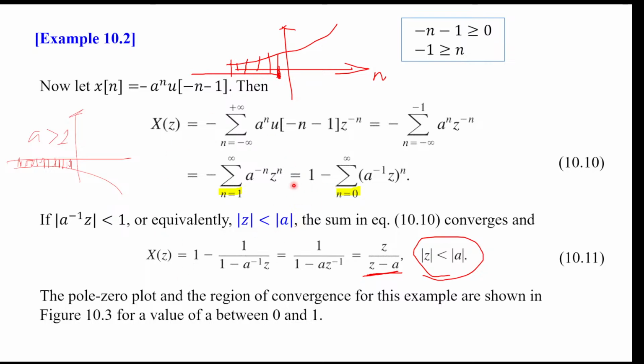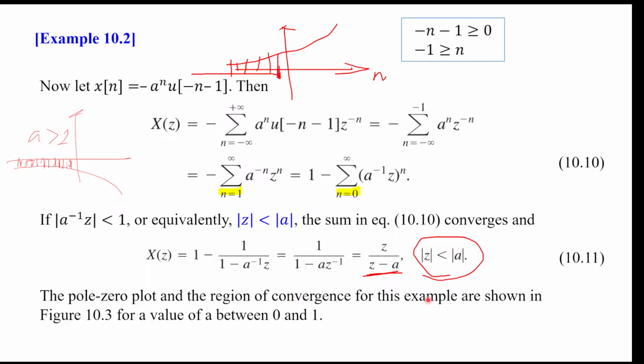And the algebraic part will be 1 minus 1 over 1 minus this summation. The summation will be 1 over 1 minus this expression here, a to the minus 1 z.